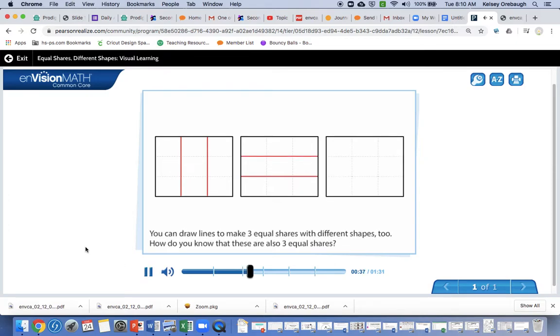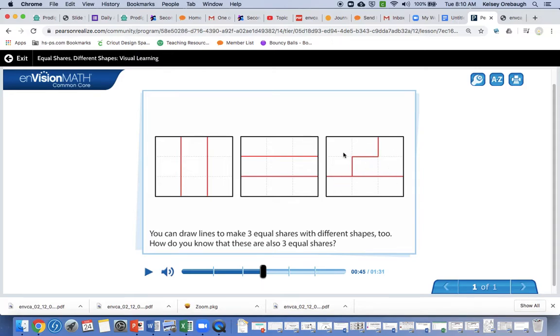You can draw lines to make 3 equal shares with different shapes, too. How do you know that these are also 3 equal shares? So let's look at these lines. These are not straight up and down. There's a zigzag up here. But we see that within each of these shares, each of these parts, there are still 3 squares. 1, 2, 3, 1, 2, 3, 1, 2, 3.